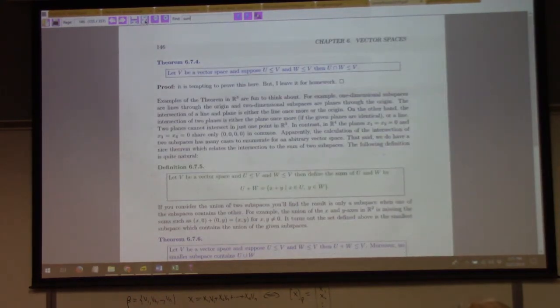Ever since Math 200, you guys are all excited about unions and intersections, right? So a natural question to ask yourself whenever you're working in mathematics is: is the intersection of two things a thing? Is the union of two things a thing? And so, yeah, the intersection of two subspaces is a subspace, right?